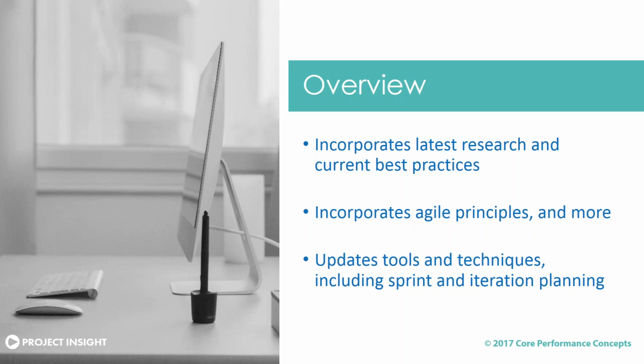So as I mentioned, the 6th edition updates tools and techniques. They went through and looked at everything, and if a tool or technique wasn't being used that much, they replaced it or refreshed the tools and techniques with those in current use.